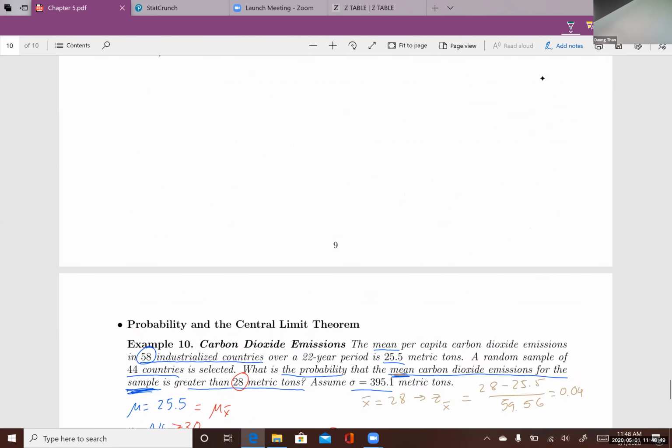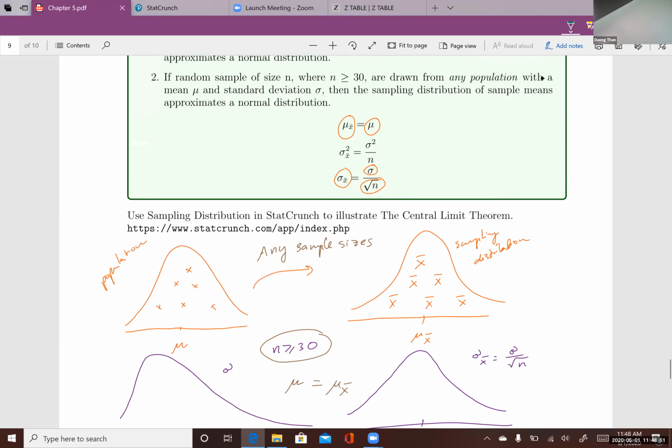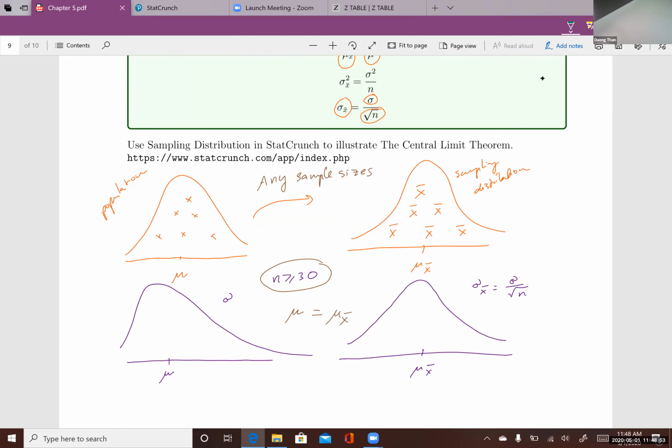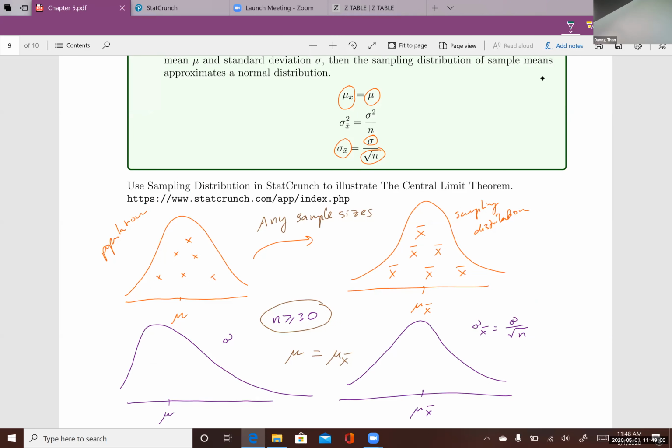And if the sample size is big enough, which is at least 30, then you can use the normal distribution for the sampling distribution of the means. If the size is less than 30, then you have to look at the distribution of your population. If the distribution of the population is normal, then regardless of the size of the samples, the sampling distribution is always normal.